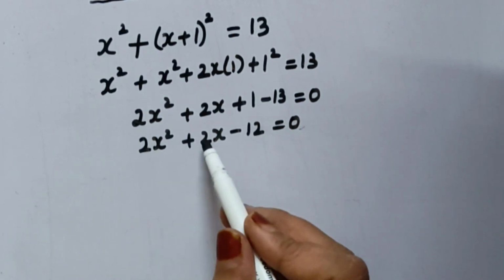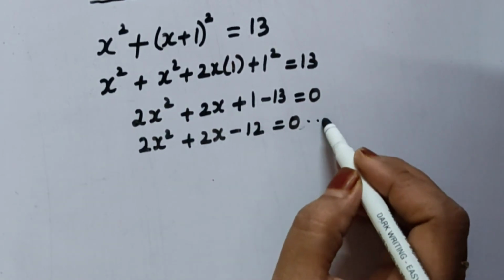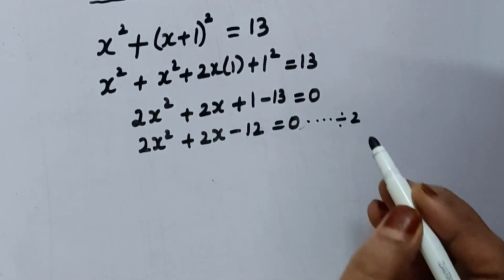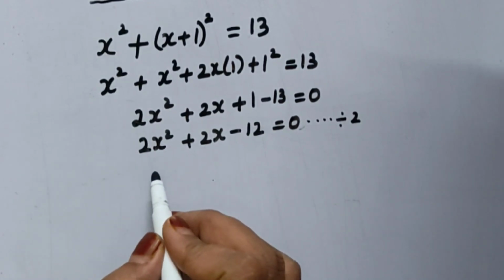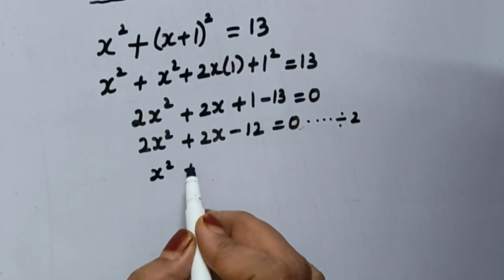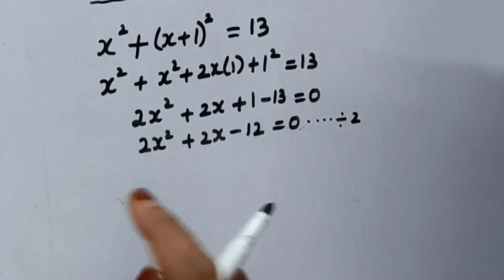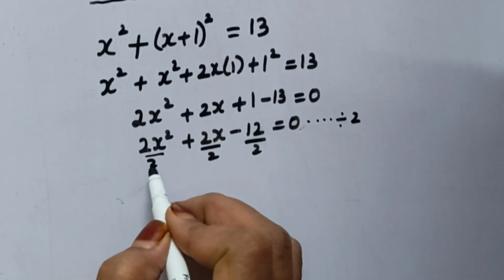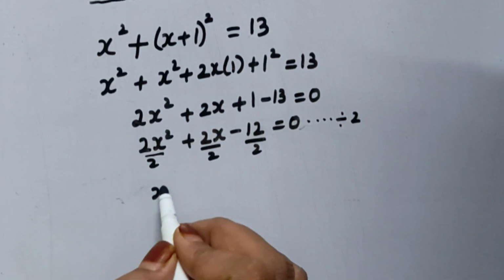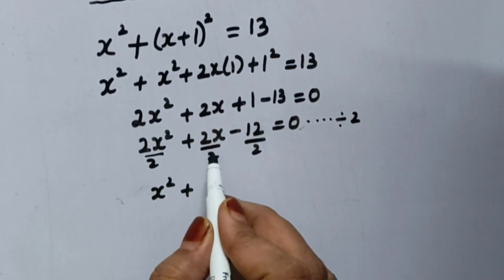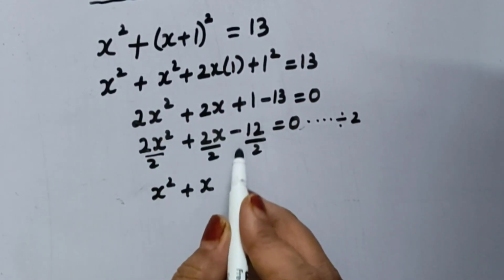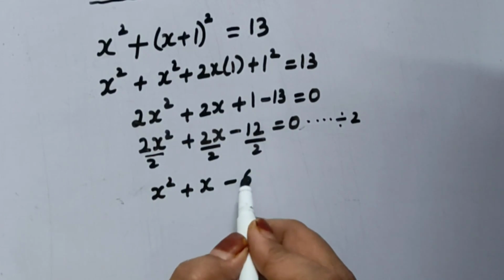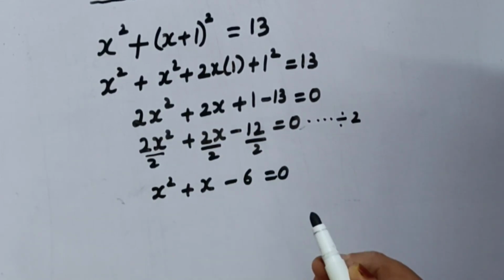As you can see, all this will go in the 2 table. Let us divide by 2. So this is x square plus x minus 6 equals to 0, where 2 ones are 2, you get 1x square, again 2 gets cancelled, you get x, minus 2 sixes are 12 divided gives 6.